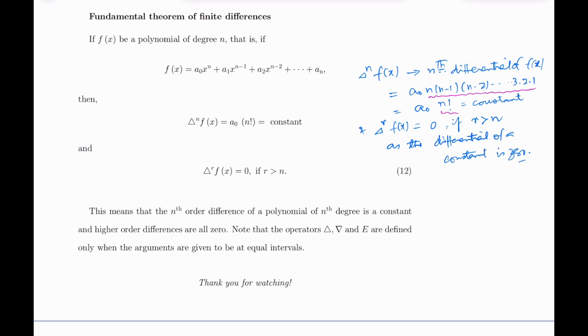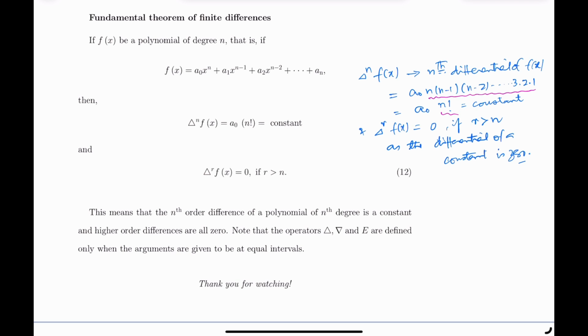Higher order differences are all 0. Note that the operators delta, del, and E are defined only when the arguments are at equal intervals. This will be used in solving the problem of interpolation and extrapolation using Newton's forward difference formula and Newton's backward difference formula.